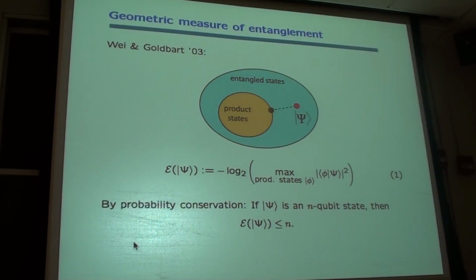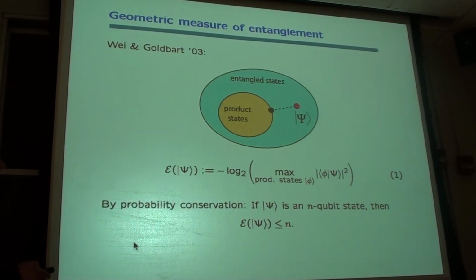Okay, so it's just the definition. An immediate consequence is that this entanglement measure, for qubits, is bounded from above by n. So you cannot have more than n bits of entanglement in n-qubit quantum states. And just maybe to help you a little bit to see this, it is a direct consequence of this definition up here. Let's assume the entanglement for some state was larger than that.